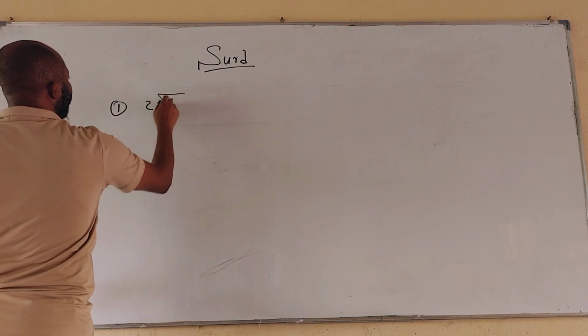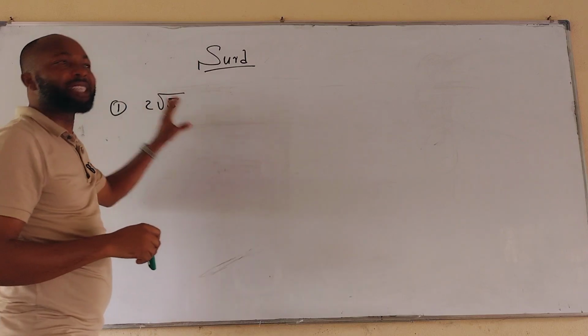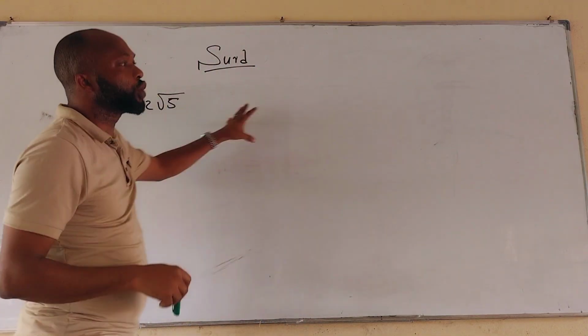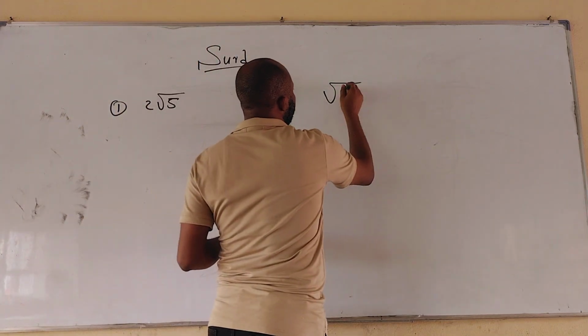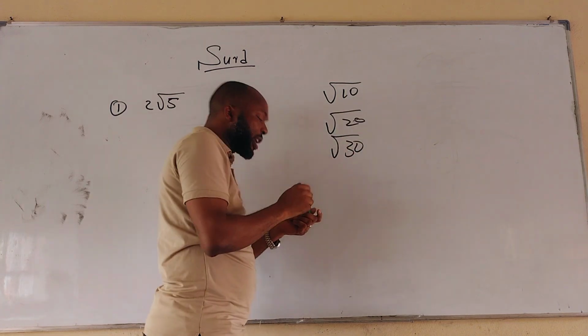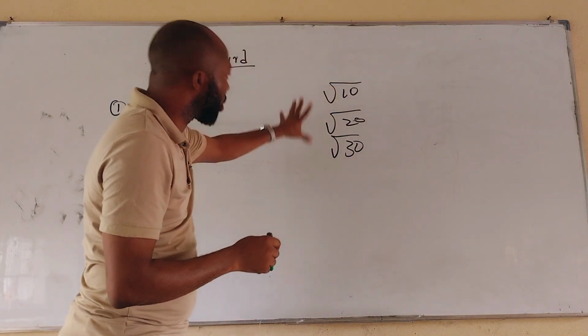They say we should express this as a single surd. It means that we should turn this all into one root. It should be inside one root, like root 10 or root 20 or root 30. But it should all be inside one root.